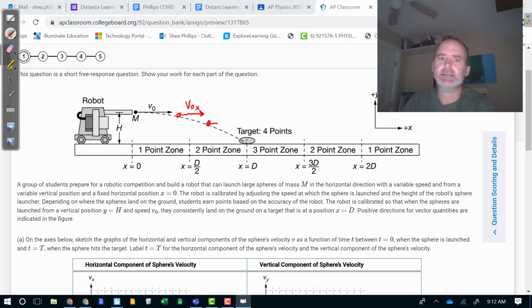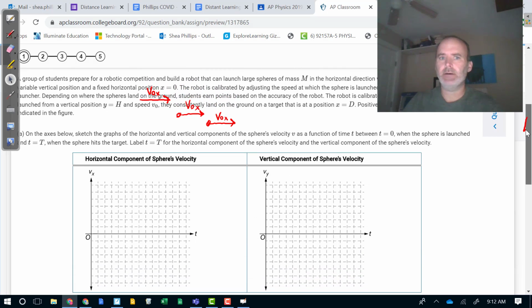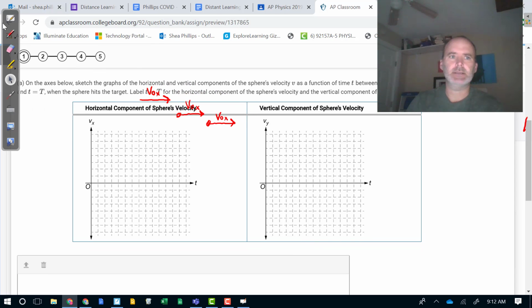If there's air resistance, then this v0x would change. But the v0x doesn't change because right here it has all horizontal velocity. I should draw it the same length as this. Oops. Okay.